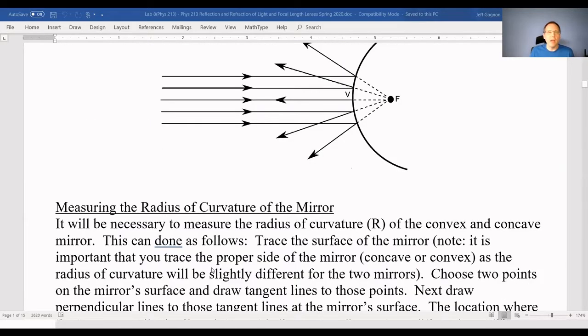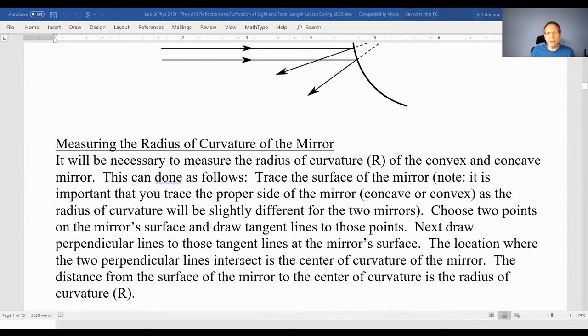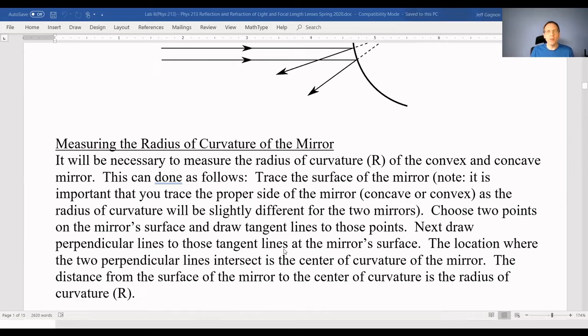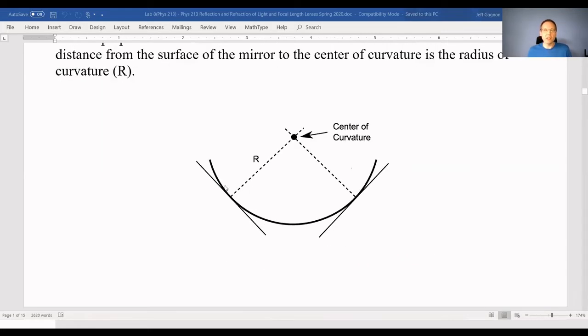Okay. And then the other thing that we need for this experiment is the radius of curvature, like the radius of these mirrors. So the way that I did this was I traced out the mirror, right? For the concave, I traced out the inside of the mirror. For the convex, I just traced out the outside of the mirror, so it's a slightly larger radius. And then I drew two tangent lines, and they don't have to be anywhere special because we're assuming this mirror is circular.